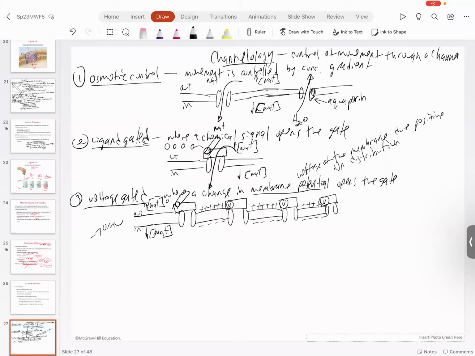As soon as this gate opens, what's going to happen immediately? So the ligand's going to stay there because that's the only ligand gated. The rest of these are voltage gated.